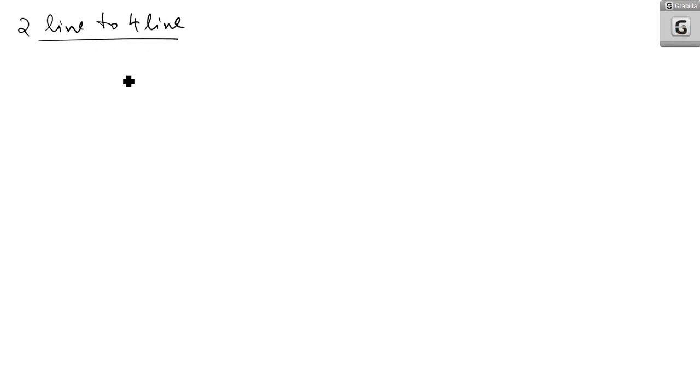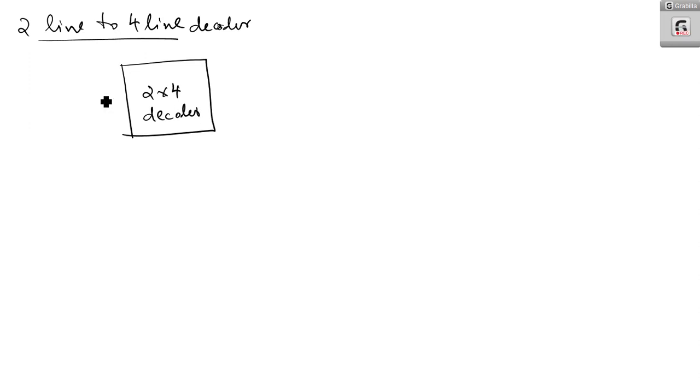If you are drawing the block diagram of the 2-line to 4-line decoder, that is the 2/4 decoder, you have two input lines, A and B, and four output lines, D0, D1, D2 and D3.